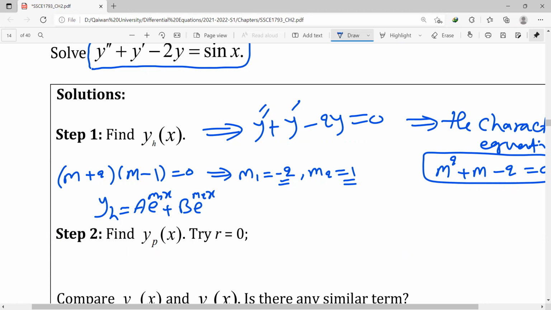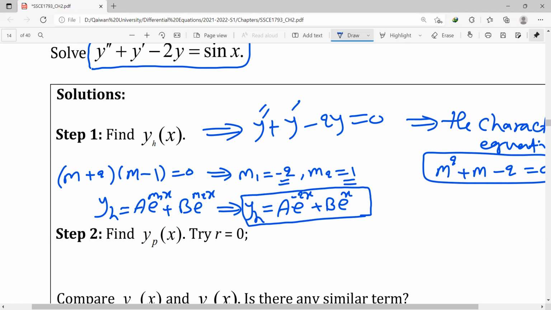We just replace m1 and m2 by their values, so we get yh equals a e to the power minus 2x plus b e to the power x. This is the homogeneous solution.